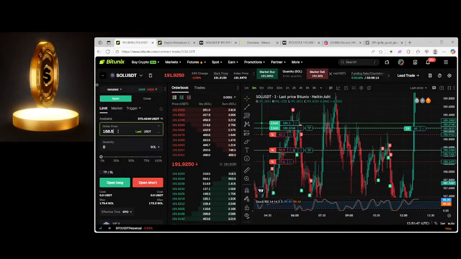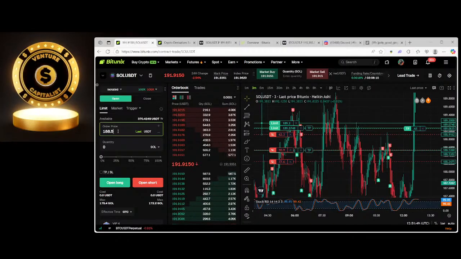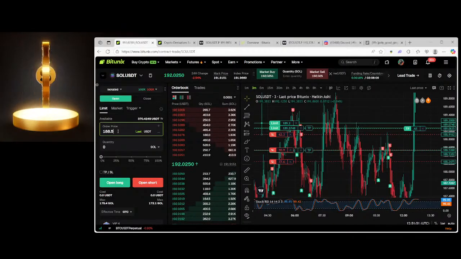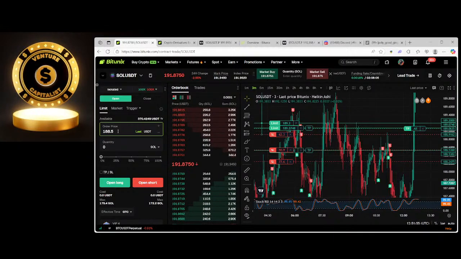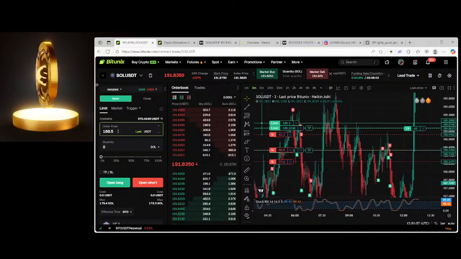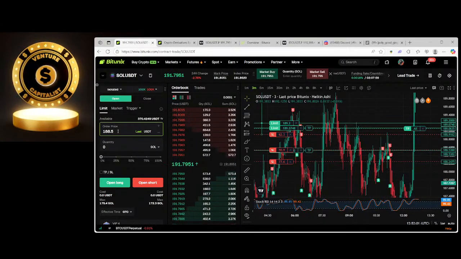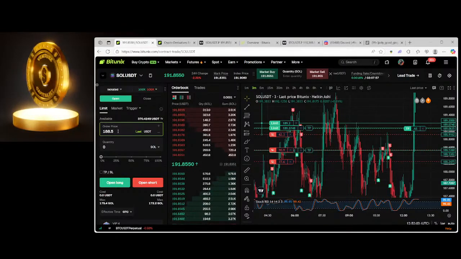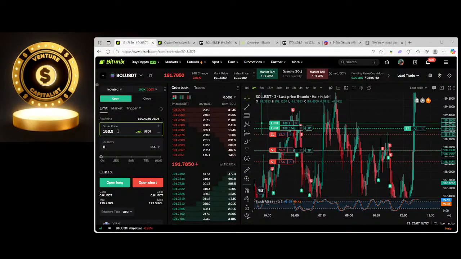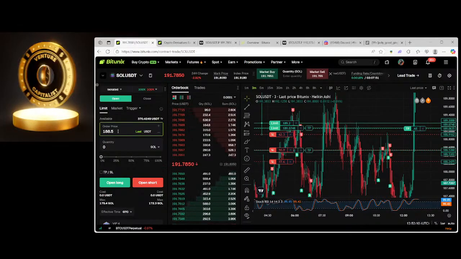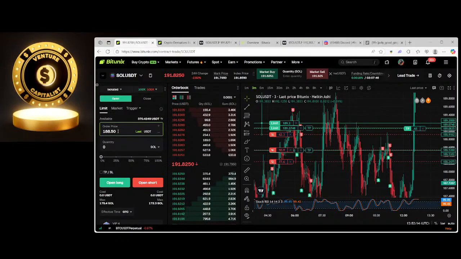Now this price is a long position, so it's way less than the current price that we have right now, which means it won't fill until the current price reaches that price. So this means the current price has to come all the way down to a support level, or whatever level you're picking, and when it hits 188.50, it will then trigger an entry.